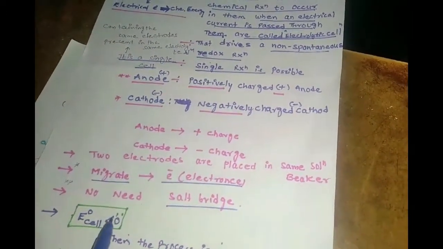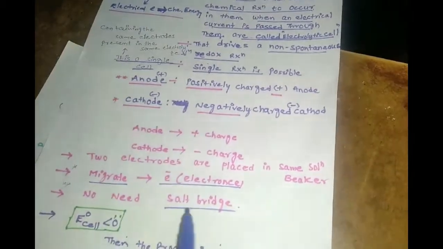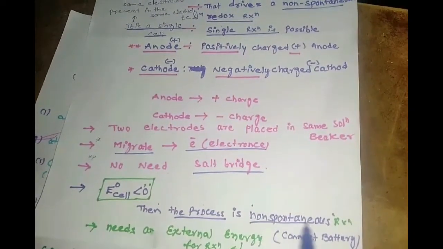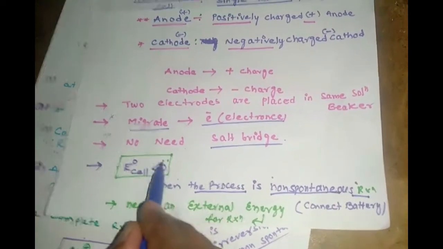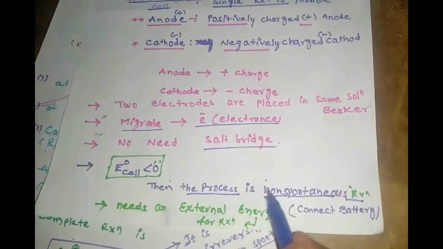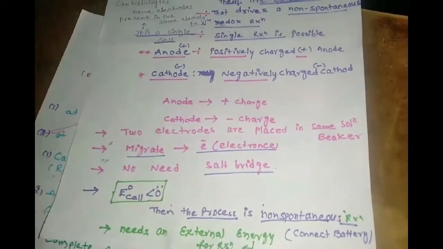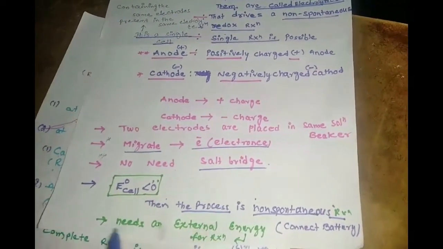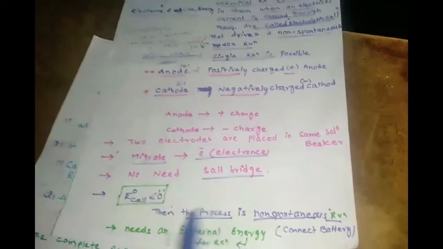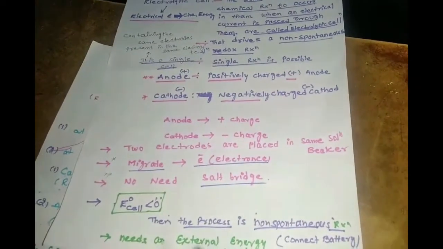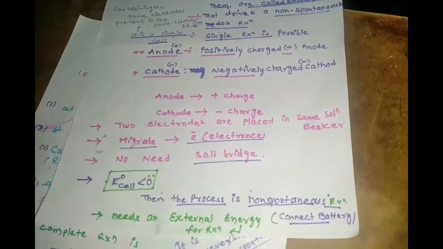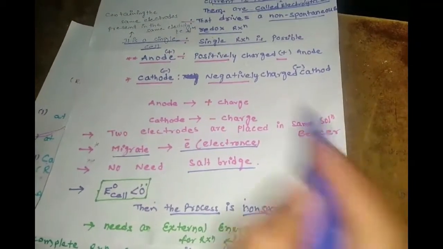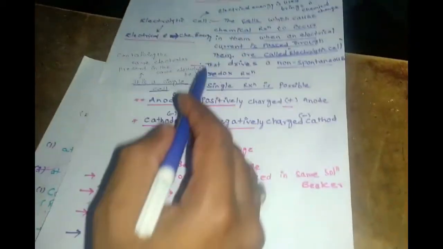So E0 cell less than 0, that process is a non-spontaneous reaction. Non-spontaneous reaction means you need an external energy for the reaction. That's why we connect the battery in this electrolytic cell.